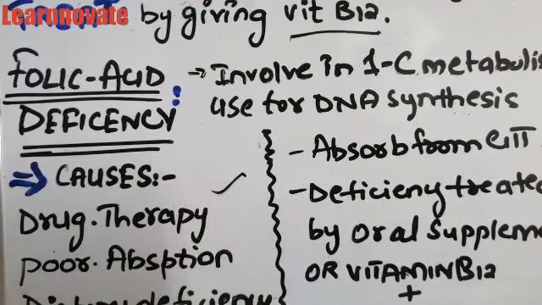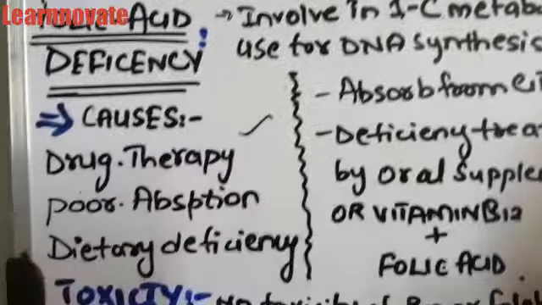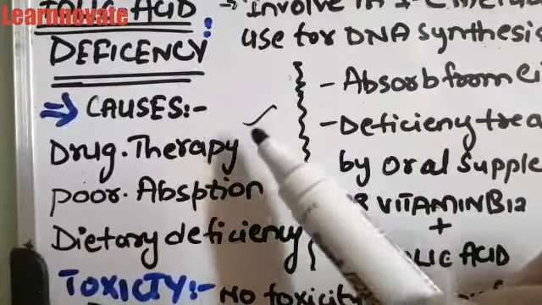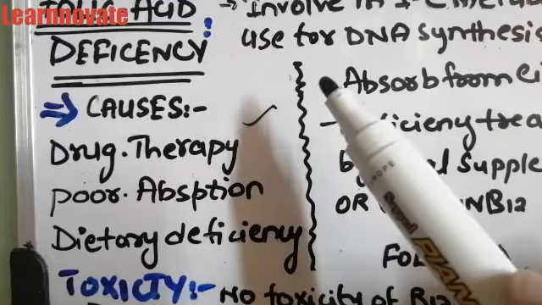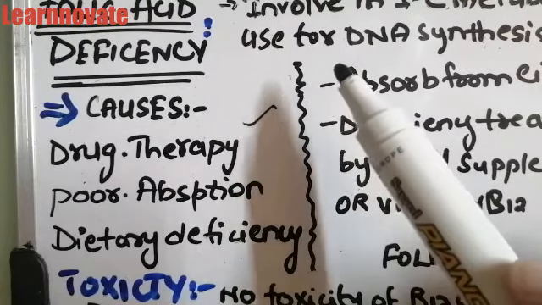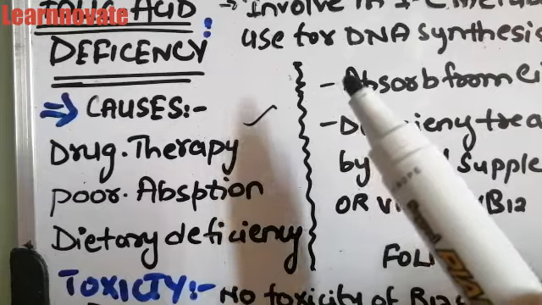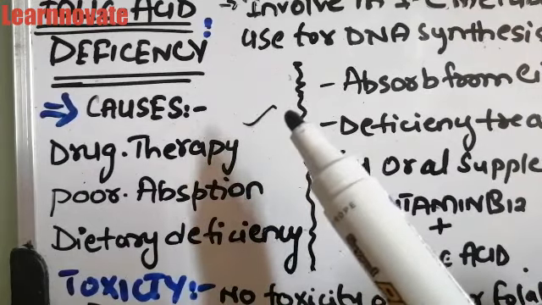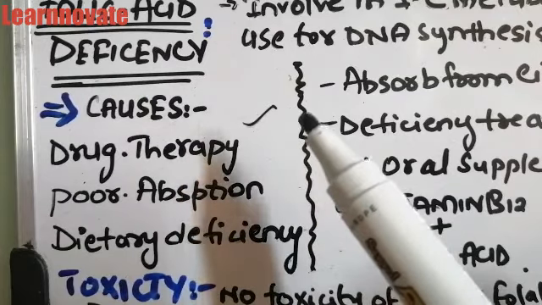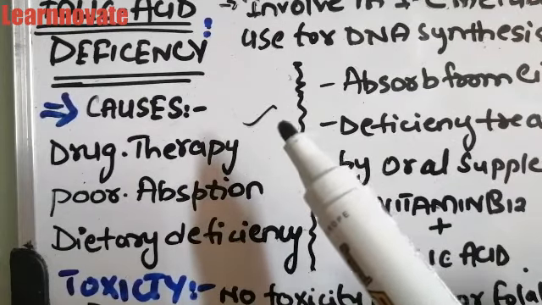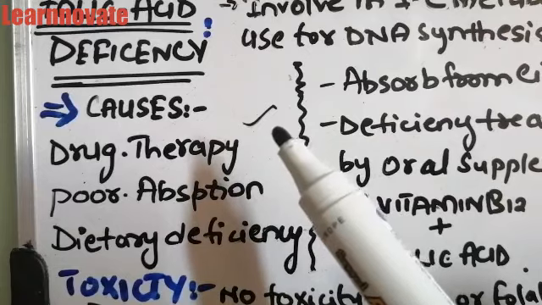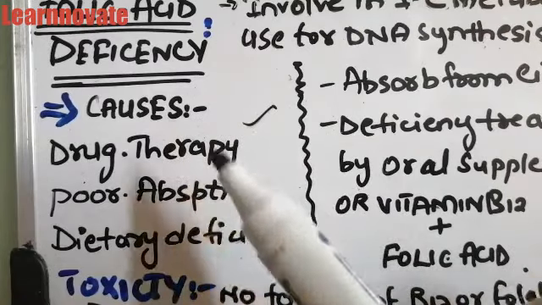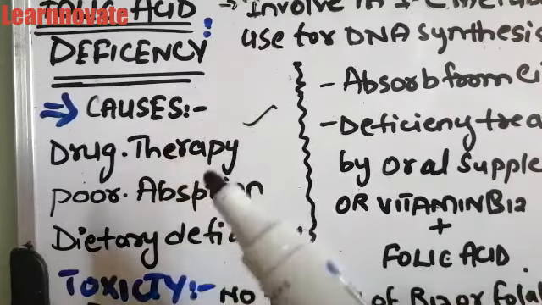There are 3 causes of folic acid deficiency. Number 1 is therapy-induced folic acid deficiency: if a patient is taking any drug that is a dihydrofolate reductase inhibitor, it will induce folic acid deficiency.